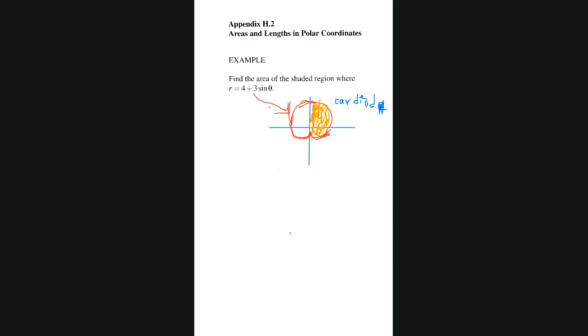So Natalie, let me ask you, if you had this on the homework, how would you produce this cardioid graph? How would you do it? What's a quick way to get the graph?